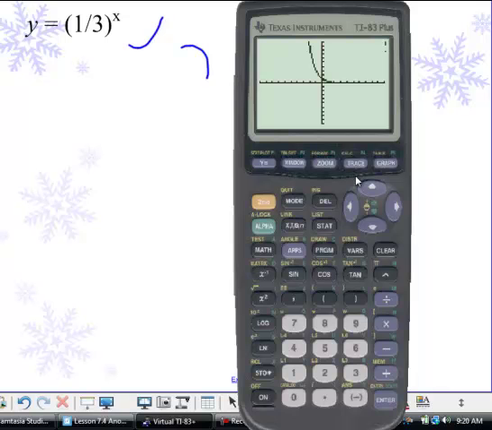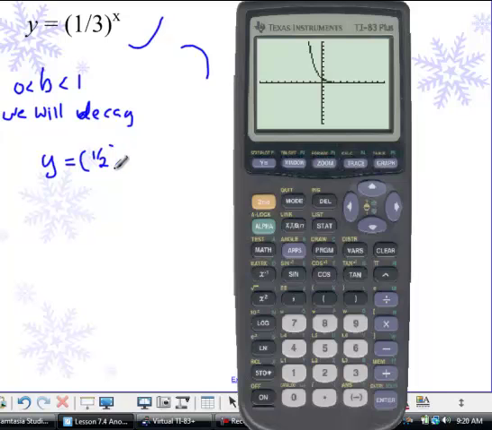It's exponential decay because my base here is in between 1 and 0. We will always get decay. That's half-life. Right? If you did this in Chem class, this is the equation for half-life.